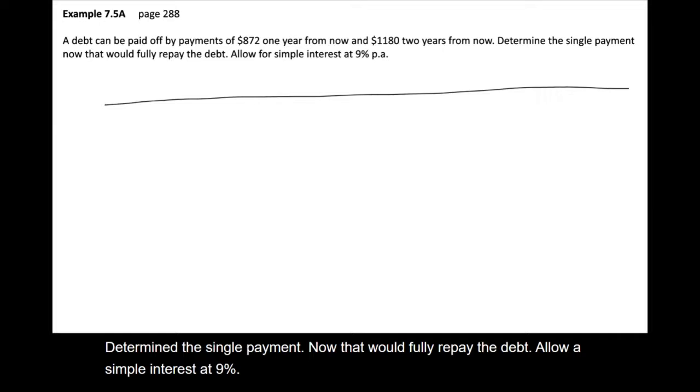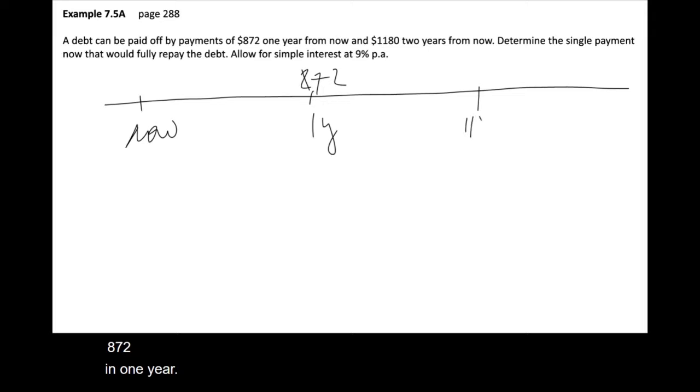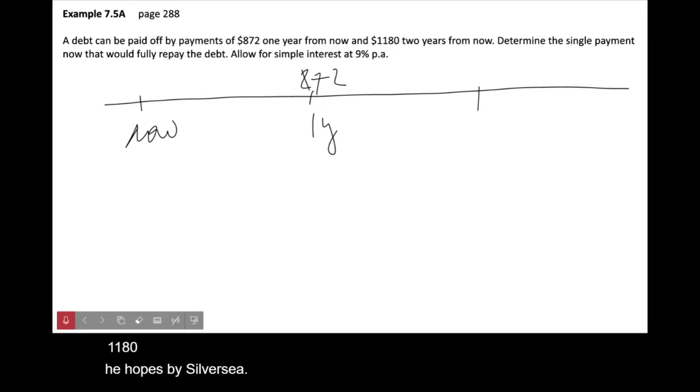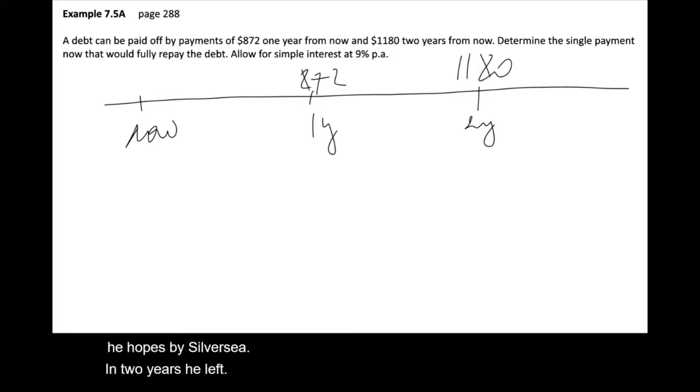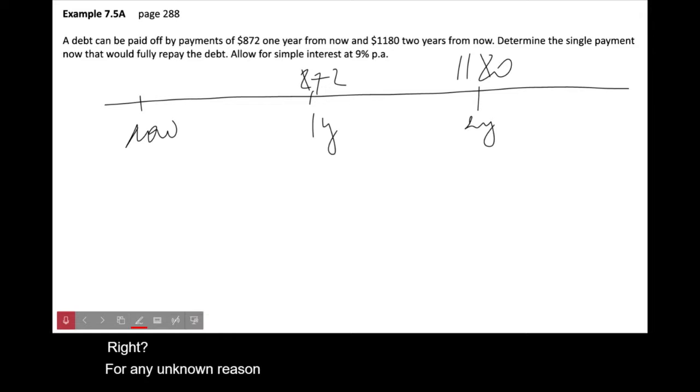So let's make a diagram. It's now. So we're supposed to pay $872 in 1 year, and in 2 years, $1,180, right? For any unknown reason, we decided to pay this today.